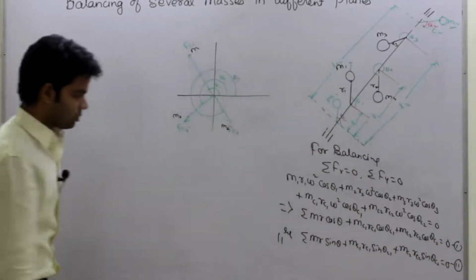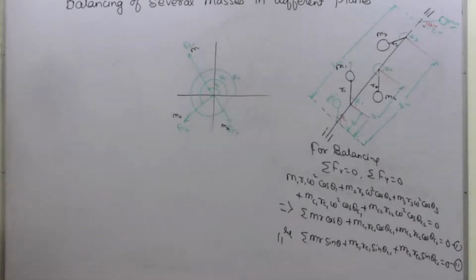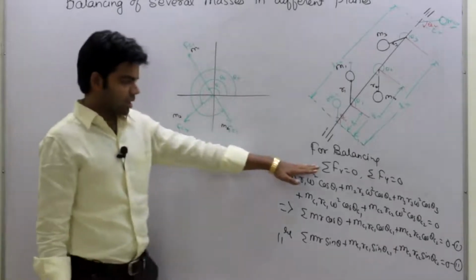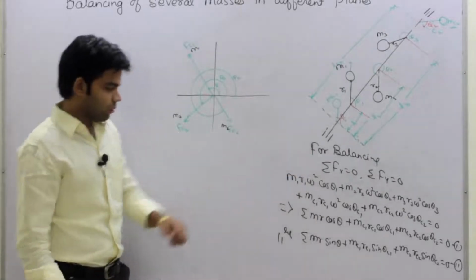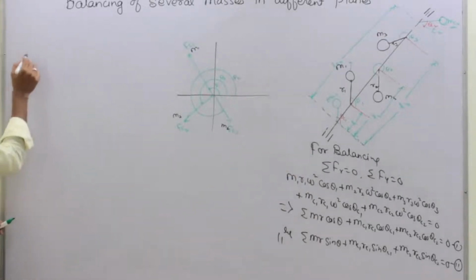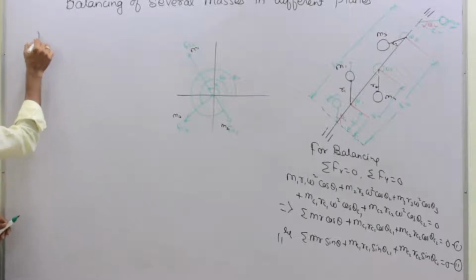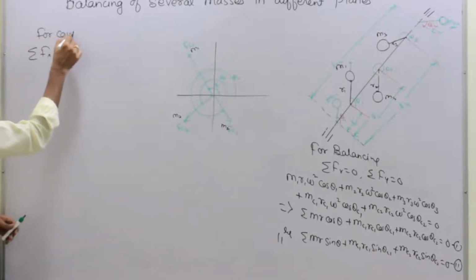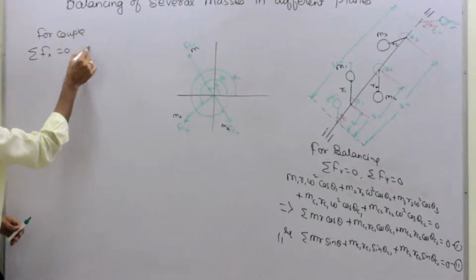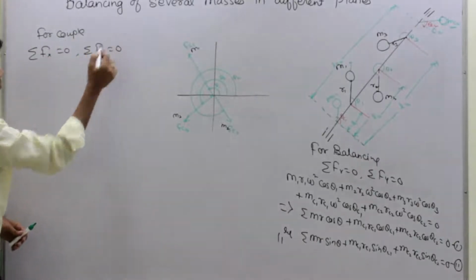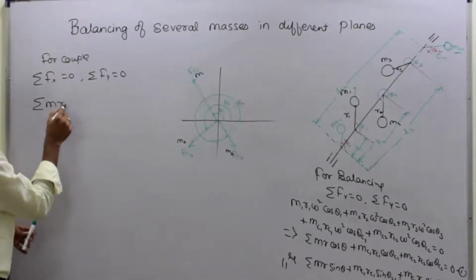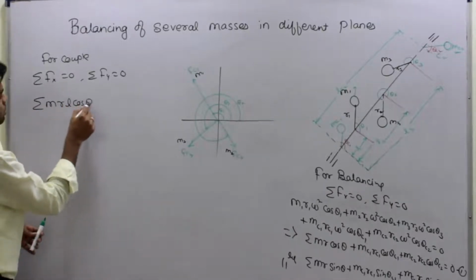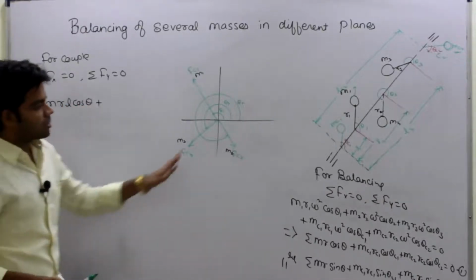Okay, we will use this equation, but before that, the same thing we just did for forces, now we will do it for couple. So for couple, summation of Fx should be equal to 0 and summation of Fy should be equal to 0. So this will be equal to summation of m r l cos theta plus mc1.